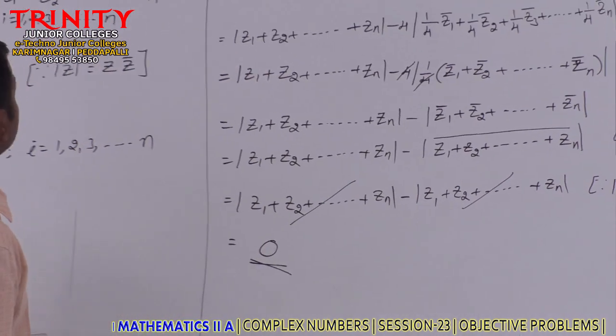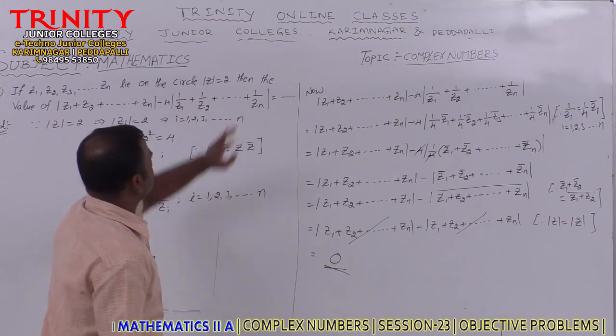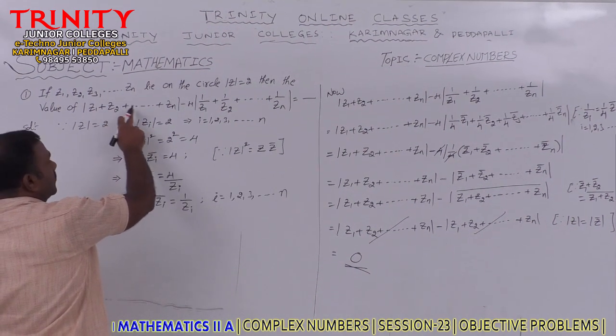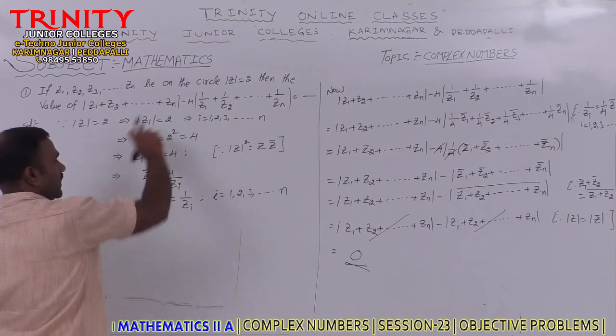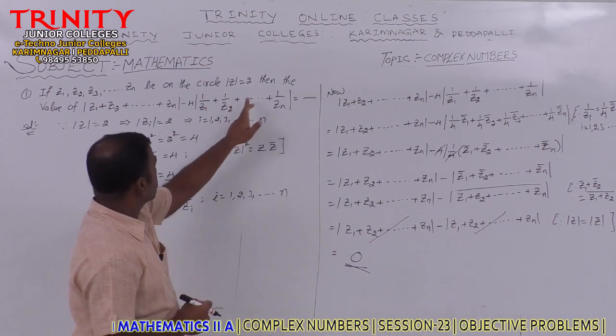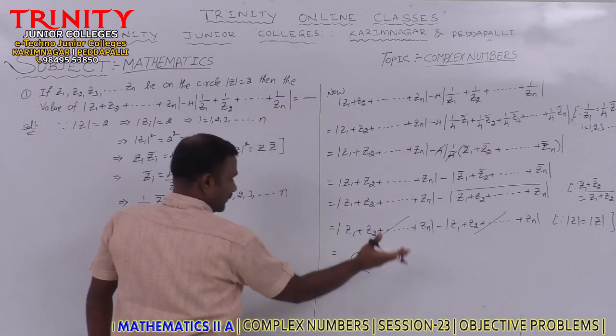Means what? If z1, z2, z3 so on zn lie on the circle mod z equal to 2, then the value of mod z1 plus z2 plus so on plus zn minus 4 into mod 1 by z1 plus 1 by z2 plus so on plus 1 by zn is 0.